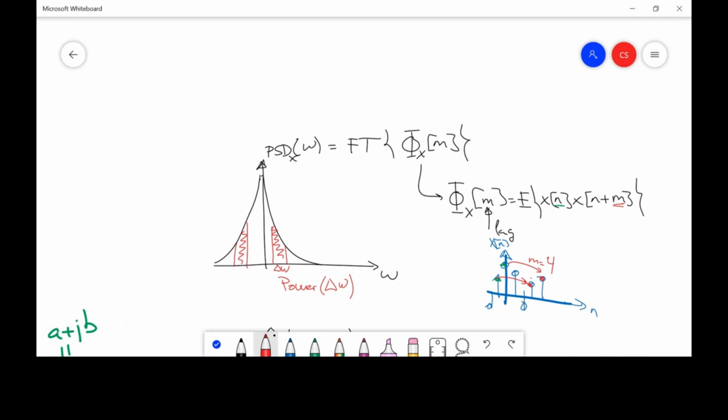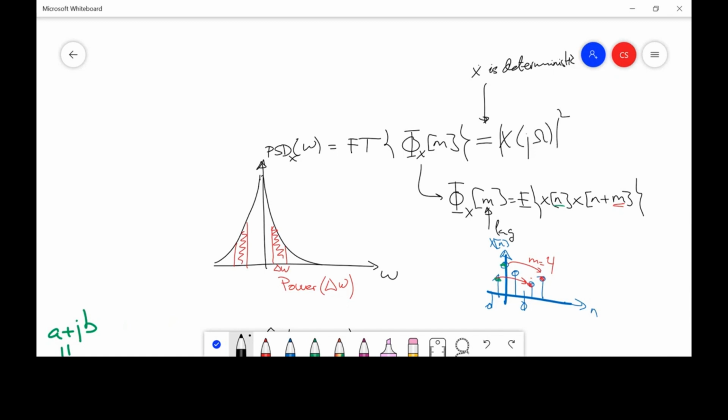Okay, so this is the generic definition. And then if your image or your signal is deterministic, then this is the Fourier transform of the square.